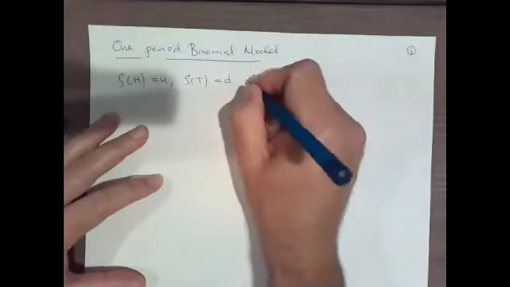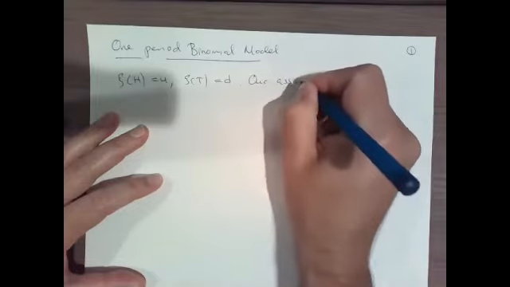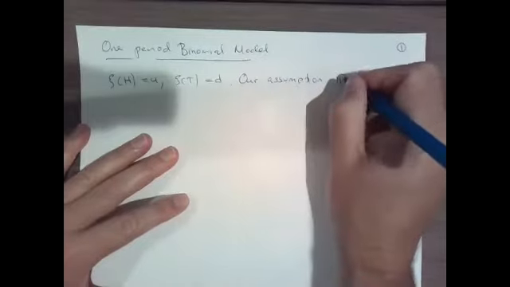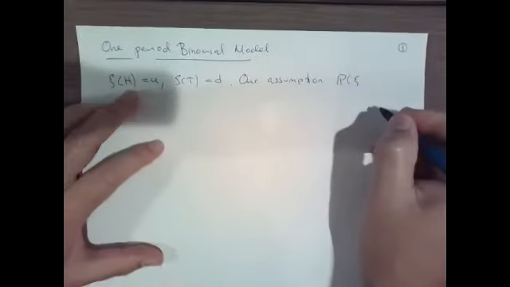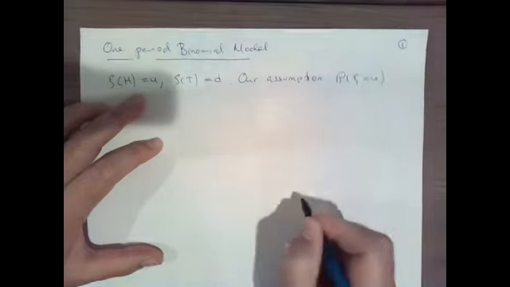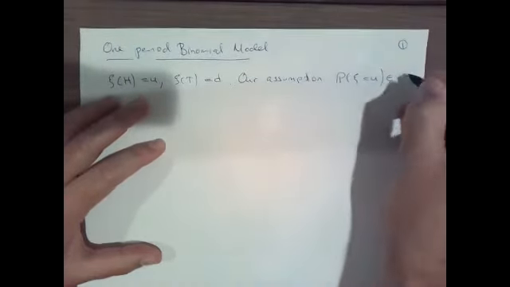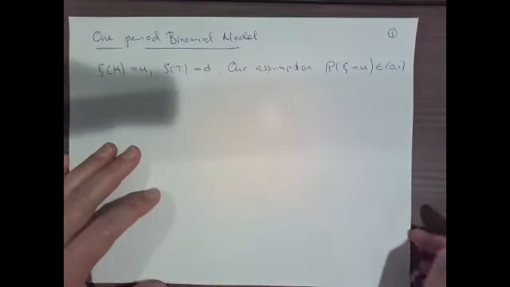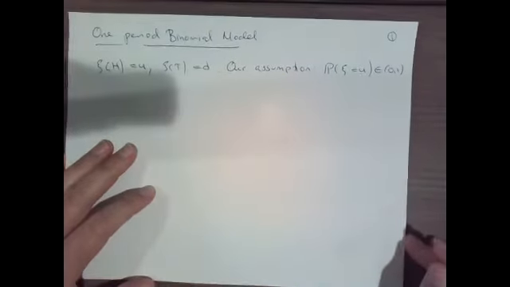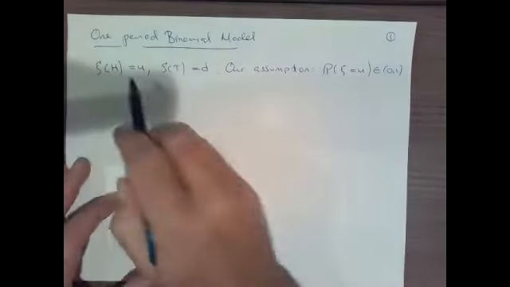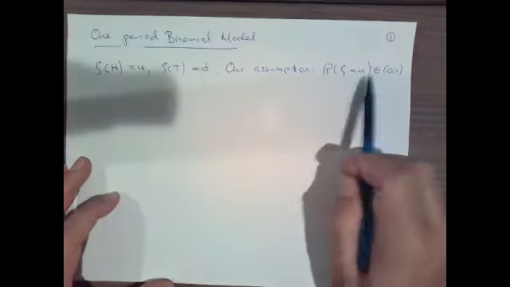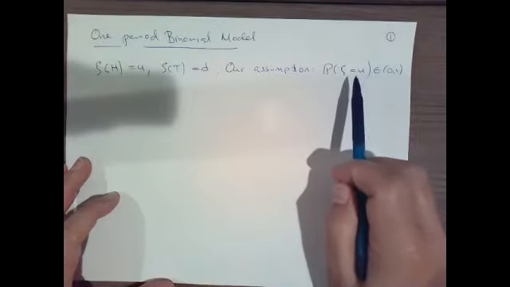The assumption we're going to make is that the probability that psi is u is something strictly between 0 and 1. So there is a chance of getting heads and a chance of getting tails, but exactly what this number is, we're not going to care about.